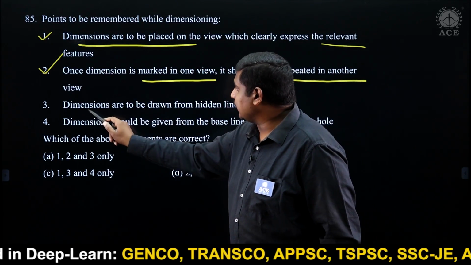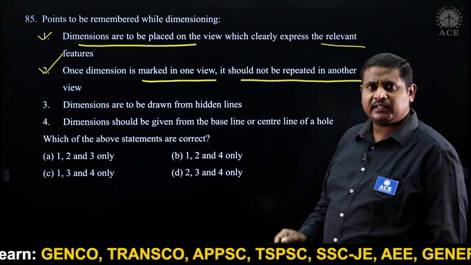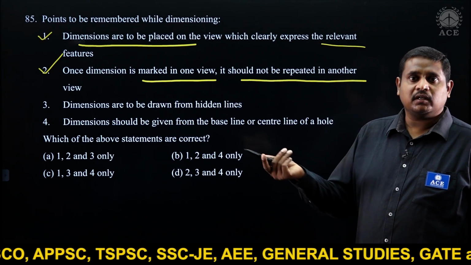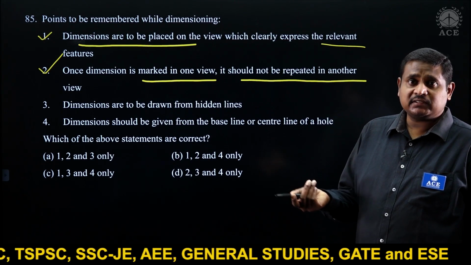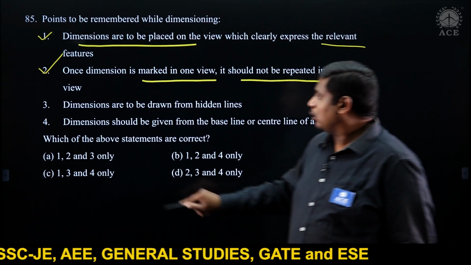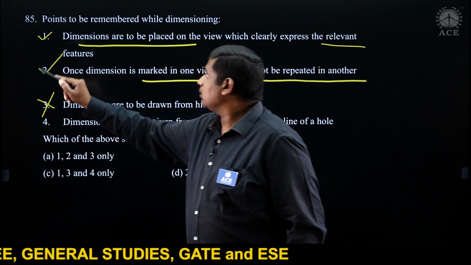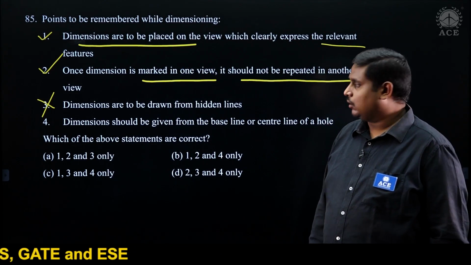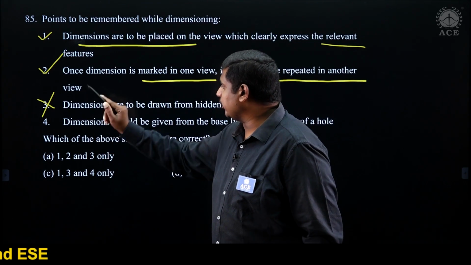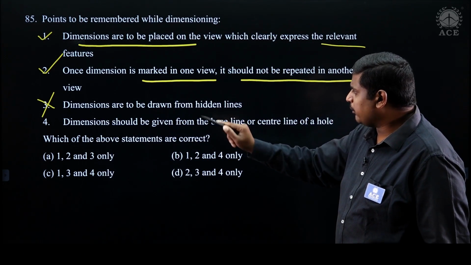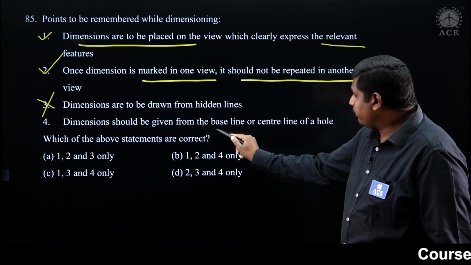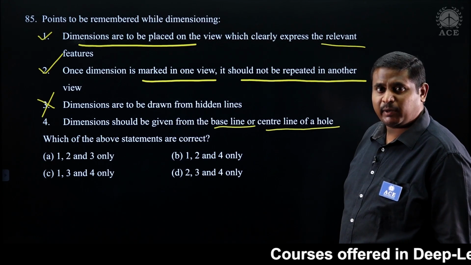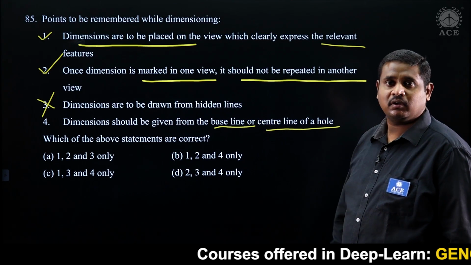Coming back to point 3, dimensions are to be drawn from the hidden lines. My dears, there is no necessity of representing the dimensions of hidden lines as they are already hidden. So point 3 is not a valid point to be remembered. Coming back to point 4, dimension should be given from the baseline or center line of a hole. Clear, my dears? Yes, of course, it is right.